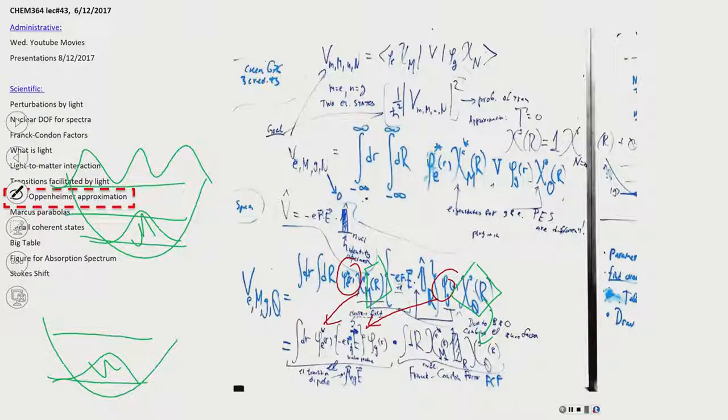Therefore, this expression for the matrix element is partitioned into the matrix element of electronic position times the overlap of nuclear wave functions. So this will be just a number.